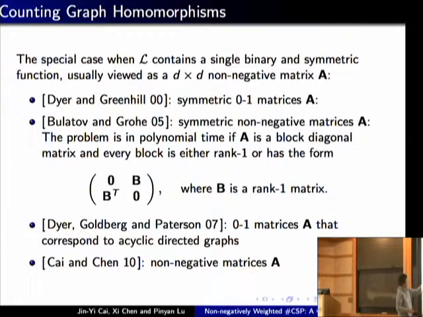There is a sequence of 4 papers. The first one gives a dichotomy for all symmetric 0, 1 matrices, then it was extended to symmetric non-negative matrices, and then to matrices that are essentially acyclic directed graphs. Then last year we got a dichotomy for all non-negative matrices.